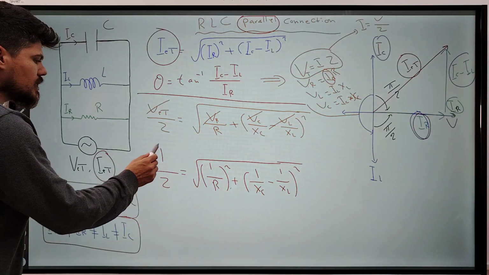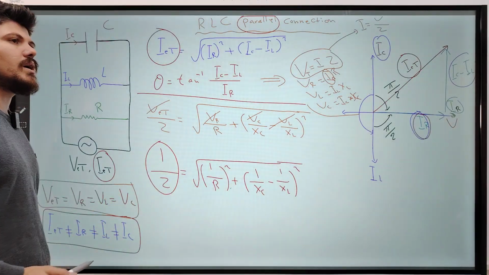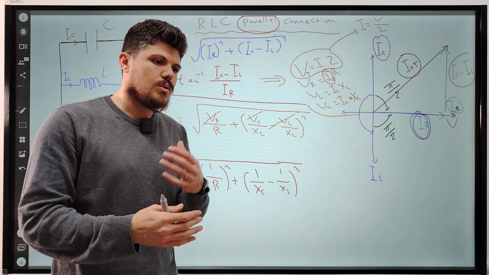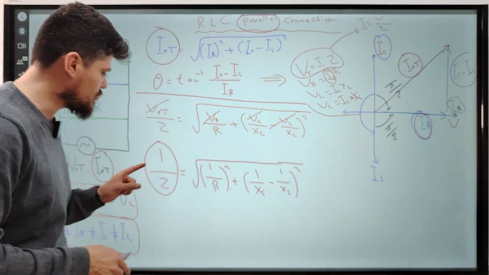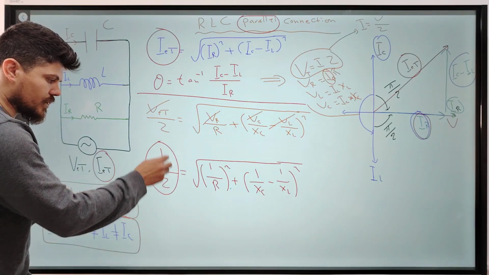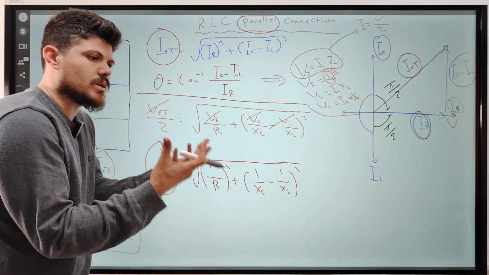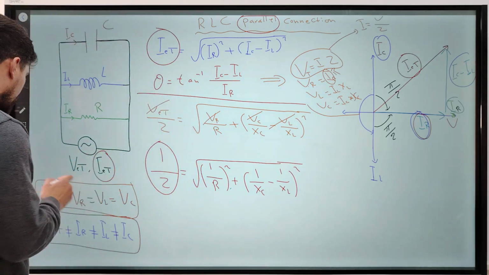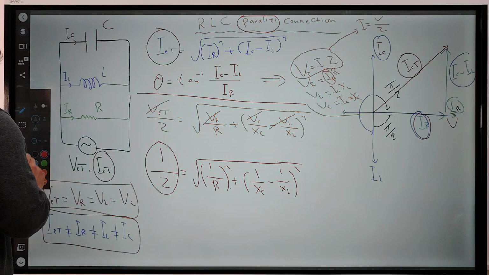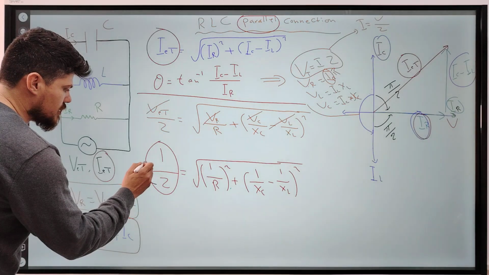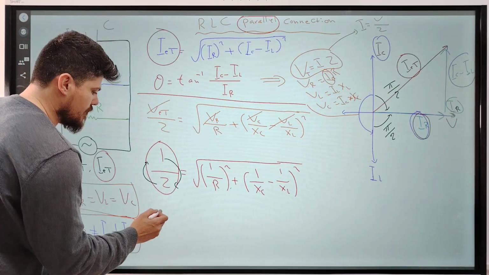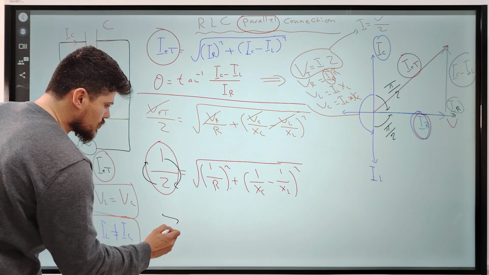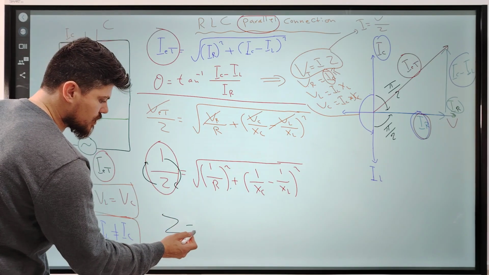Okay, so usually the question asks us to find the total impedance, not 1 over Z, the inverse of total impedance. So that is why we have to flip this side to find the total impedance Z, not 1 over Z. If you flip this side, you also have to flip the other side. 1 over Z is equal to Z over 1, and the 1 is not written here.